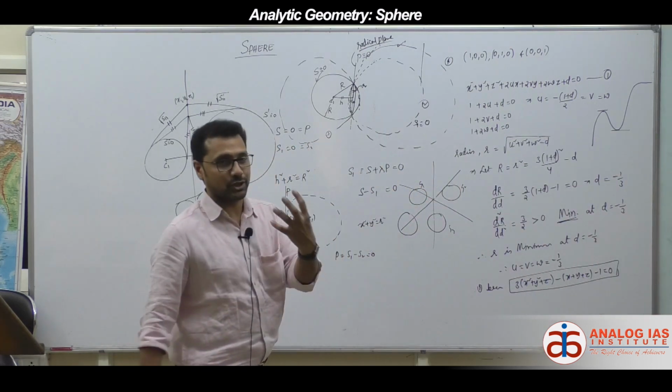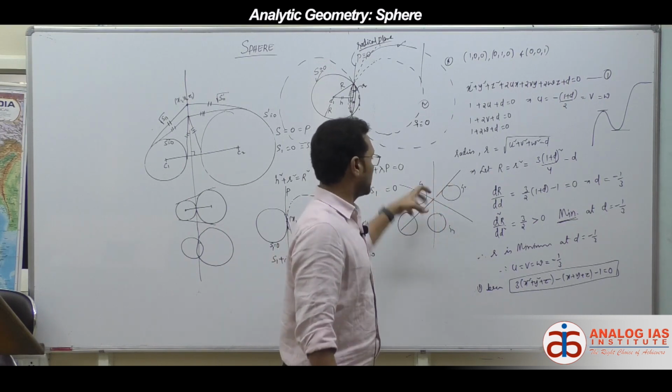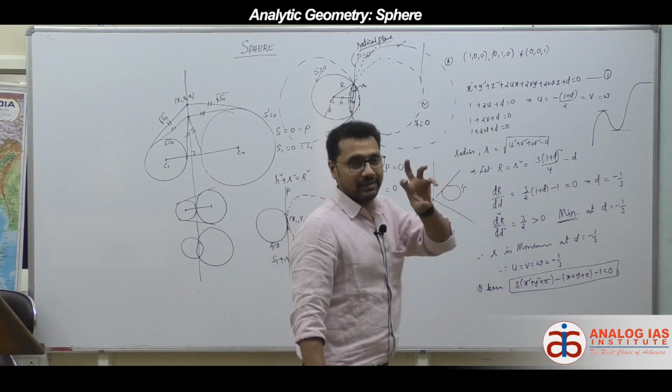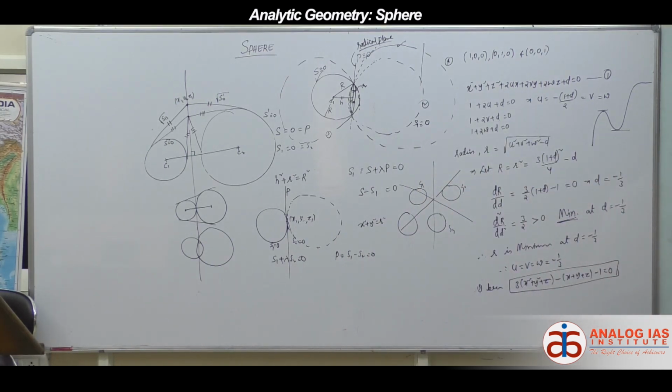There are 4 such combinations of 3. This 3, this 3, this 3, this 3. Each set of 3 will have one radical line. All these radical lines meet at a point called the radical point, or also called the radical center. That is the end of spheres.